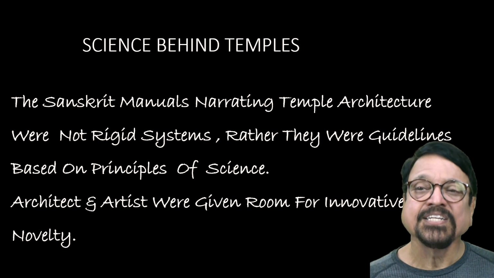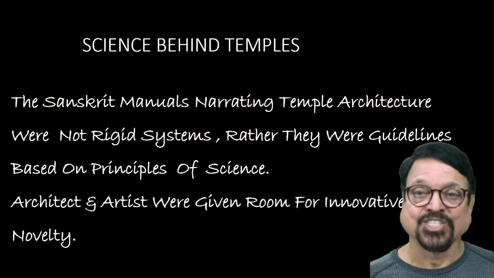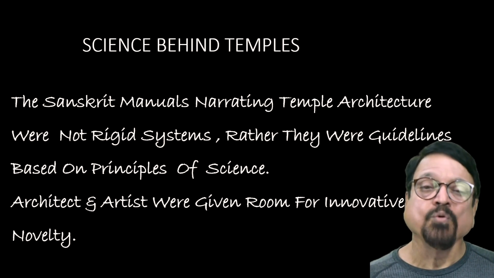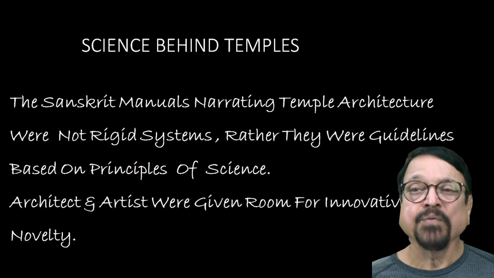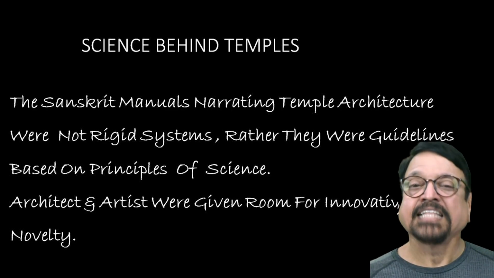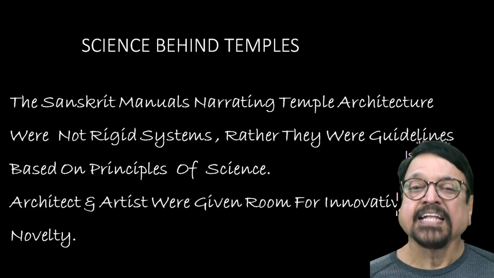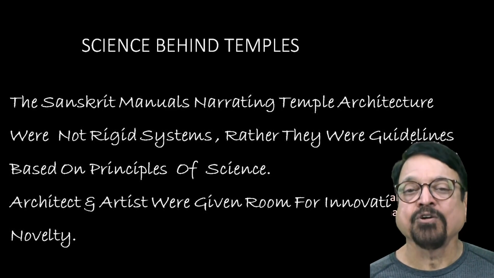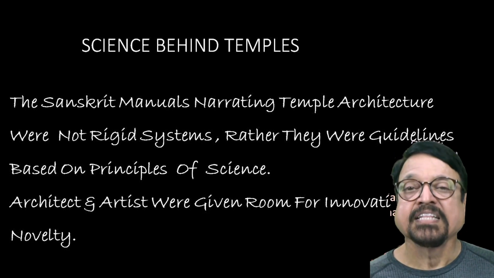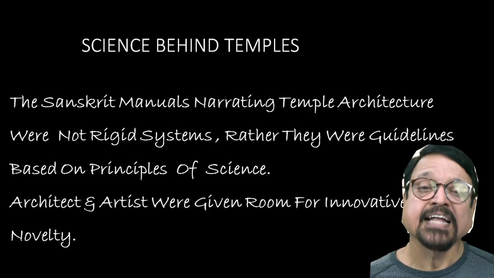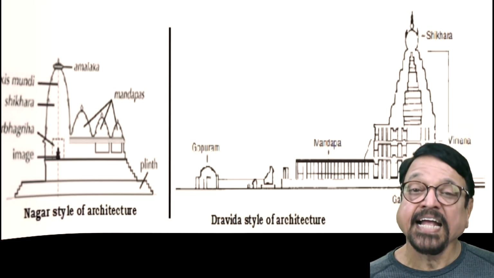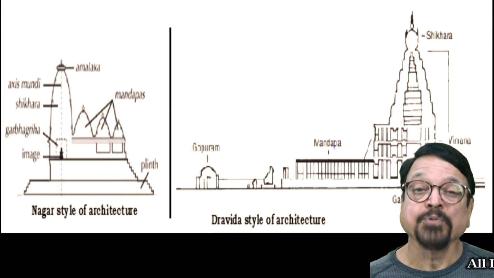Now artists and architects were given room, or they were given freedom for innovation and novelty. That's why you find that there are so many styles of temple development; as a base there are multiple subdivisions, subtypes, and that has made the creations more and more beautiful.